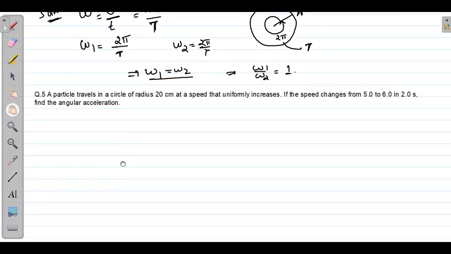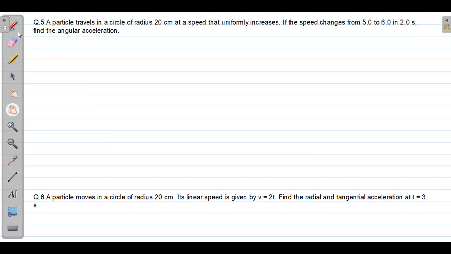Question number 5. A particle travels in a circle of radius 20 centimeter at a speed that uniformly increases. The particle is moving on a circle and its radius is r equal to 20 centimeter.